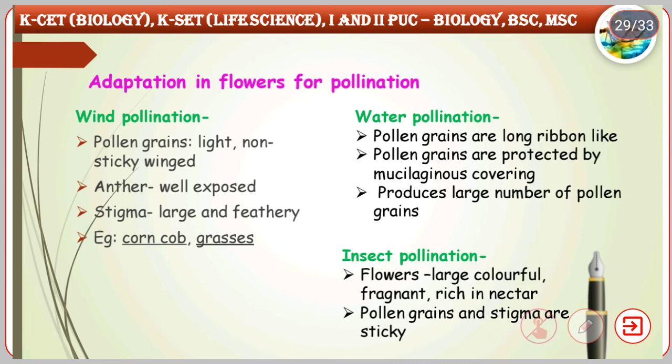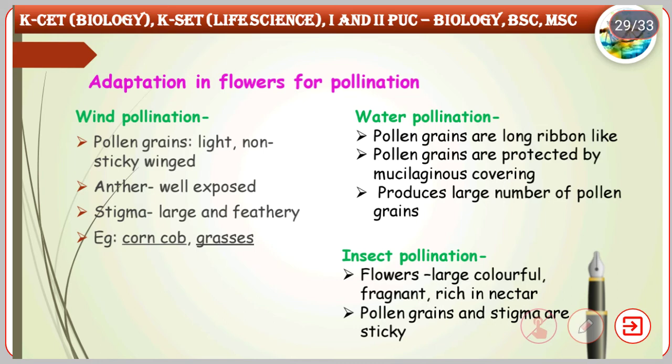And the pollen grains and stigma are sticky, because the insect rubs on that pollen grain, and it sticks the pollen grains to its body, and when it sucks the nectar from another flower, by that time the stuck pollen grains fall on the other flower.